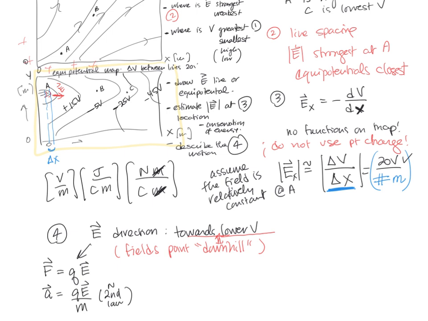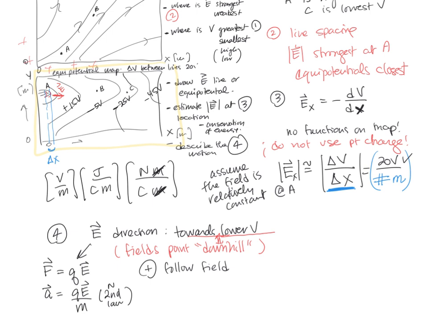Okay. So the field direction is towards the lower potential. And then, if you have a proton, protons follow the field. They roll downhill. They get faster as they move downhill. They will accelerate more if the field is stronger, meaning if the lines are closer together.